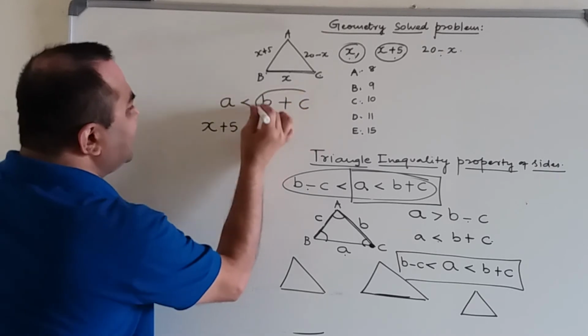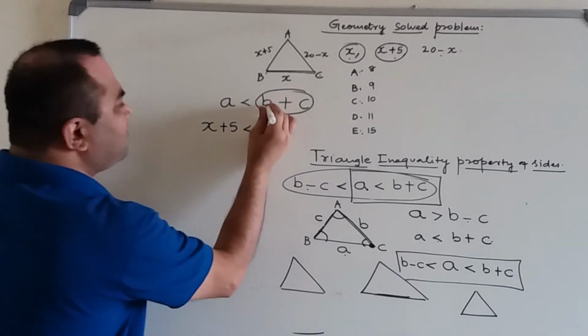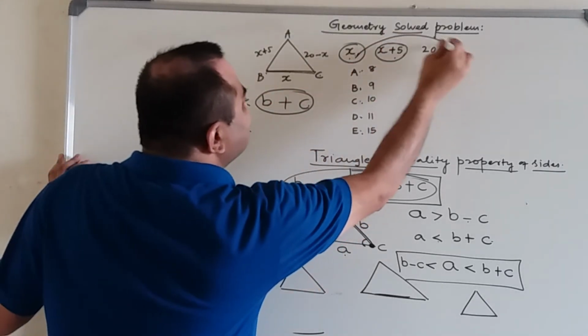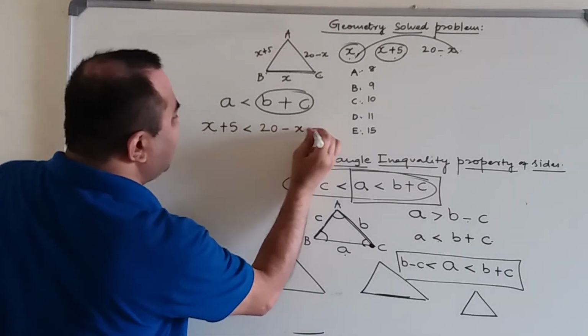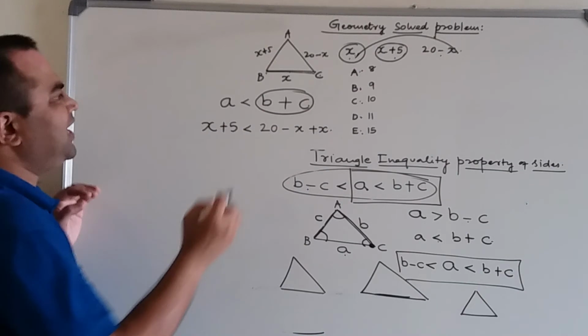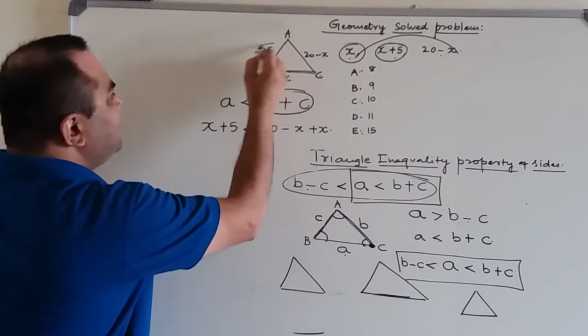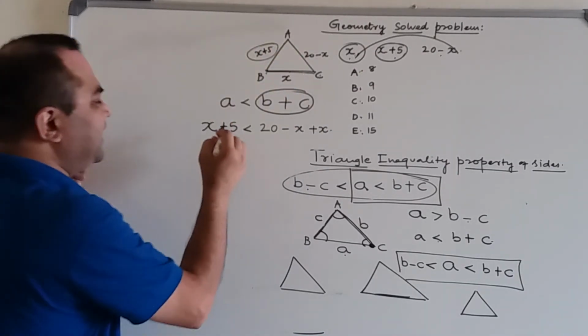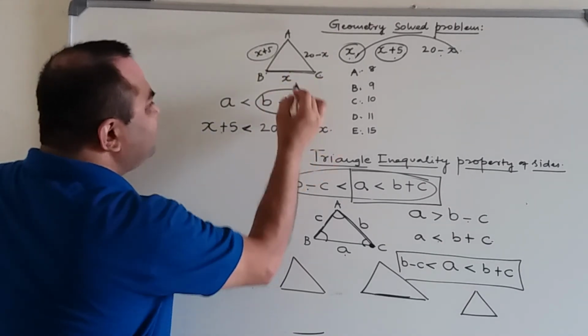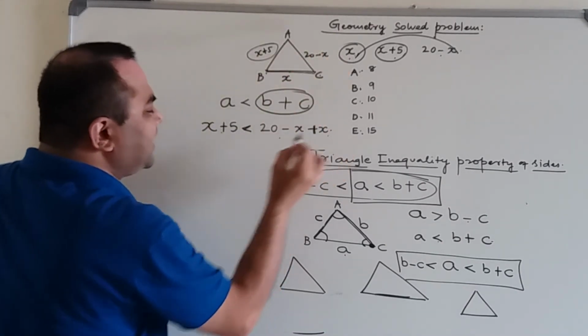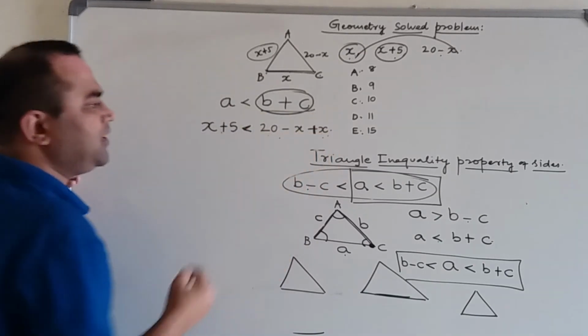And in the right hand side of this inequality for b plus c, I will add these two expressions, 20 minus x and x. So the length of the side AB, namely x plus 5, must be less than the sum of the lengths of the other two sides written here for b plus c.